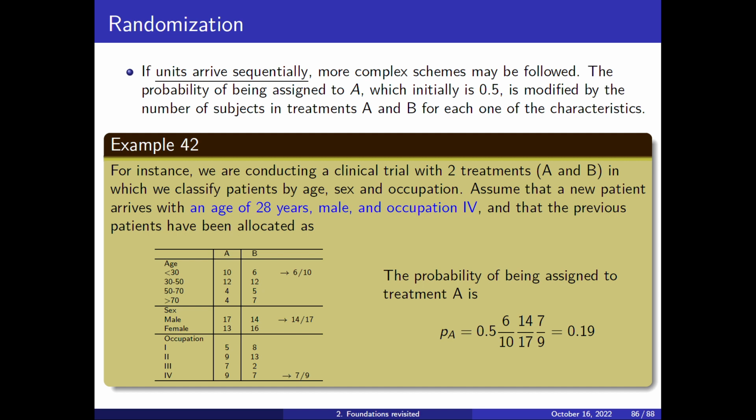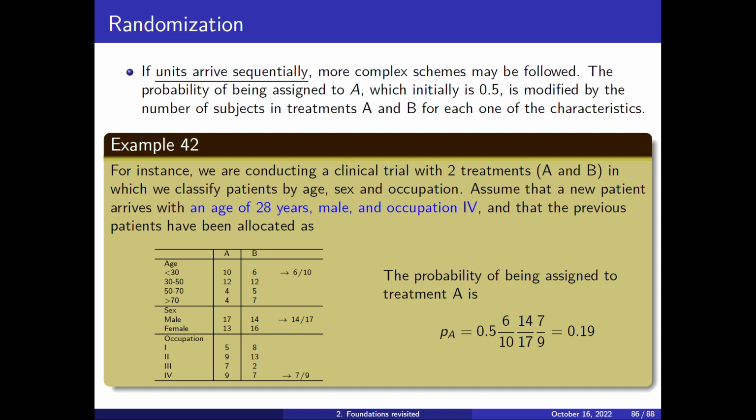For instance, you think that age, where we have 4 groups of age, and then sex, and then occupation may all affect our results. So at the beginning of the experiment, let's say that we have 2 treatments. The first person will be assigned to treatment A or B with probability 0.5.